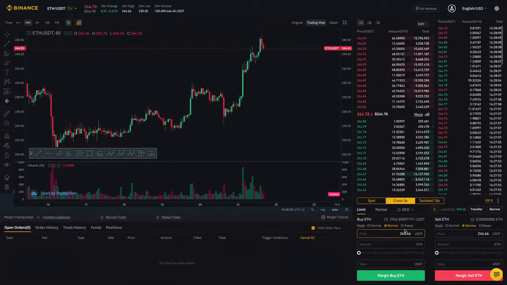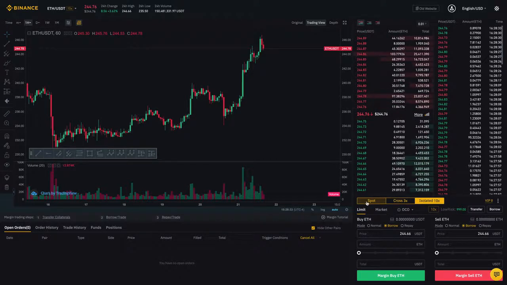Now, cross is across all of my assets that are in that account, on different positions or different cryptos that I have. So isolated and cross are exactly the same, but I have to put money specifically in the isolated account.